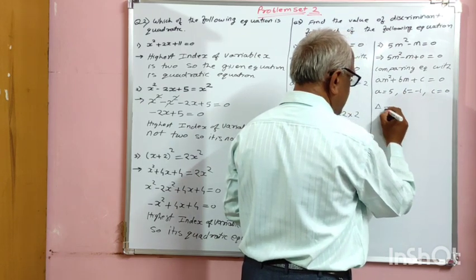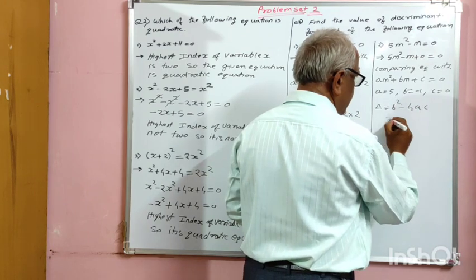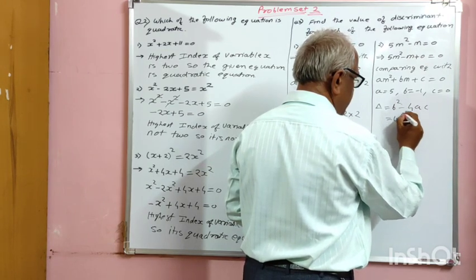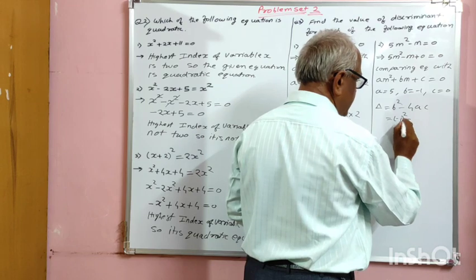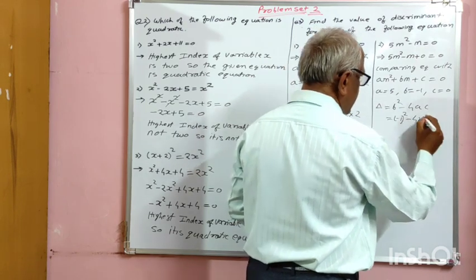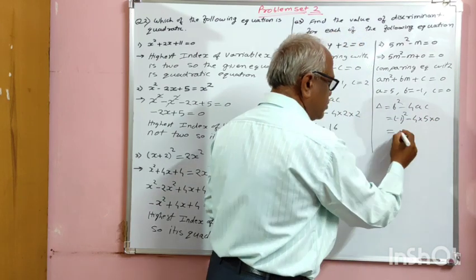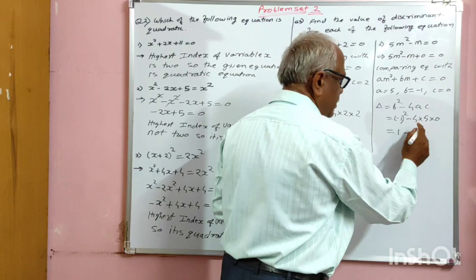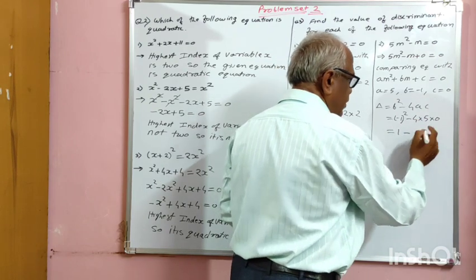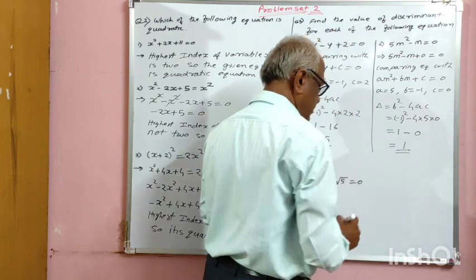So delta is equal to b square minus 4ac, that is (minus 1) square minus 4 into 5 into 0, which is equal to 1 minus 4 fives are 20, 20 into 0 is 0, 1 minus 0 is 1.